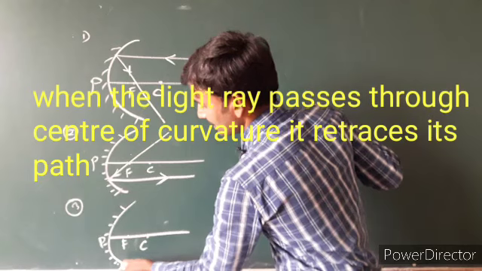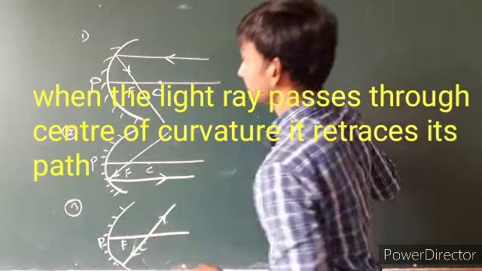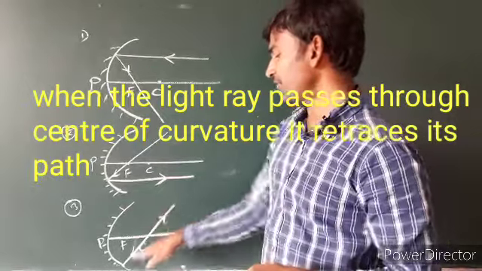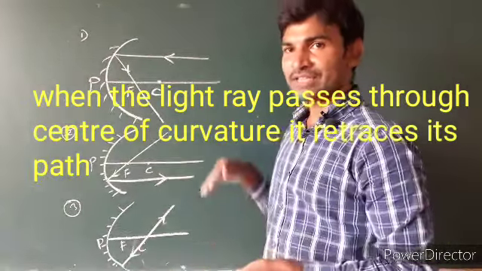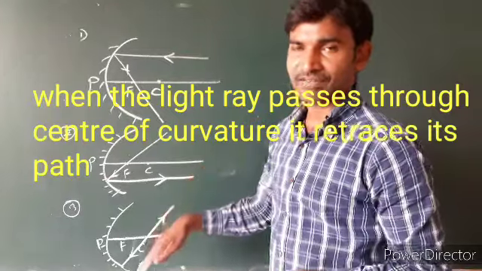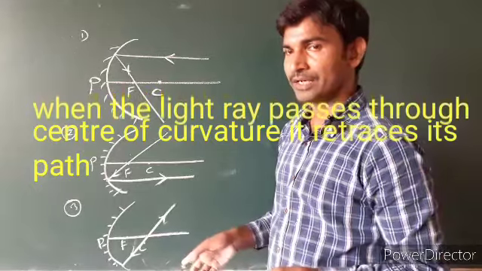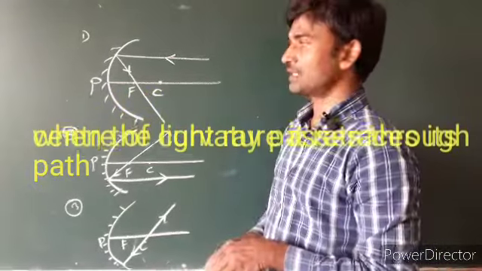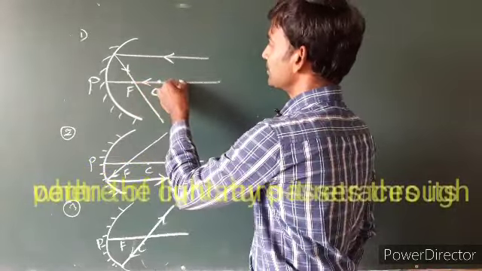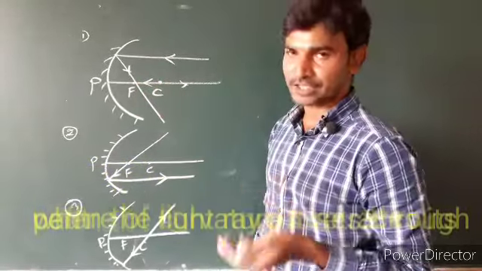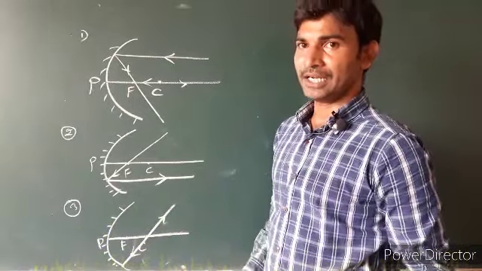Now this time, when the light ray passes through the center of curvature, it retraces its path back through the center of curvature only. And if it passes along the principal axis, it also retraces along the principal axis only. These are the basic ray diagrams.